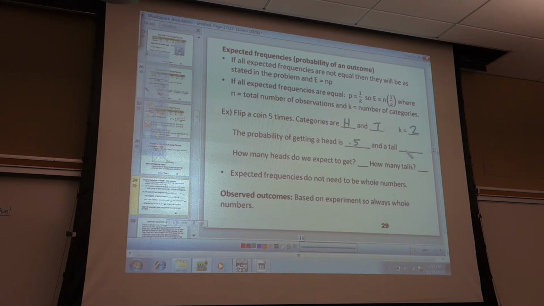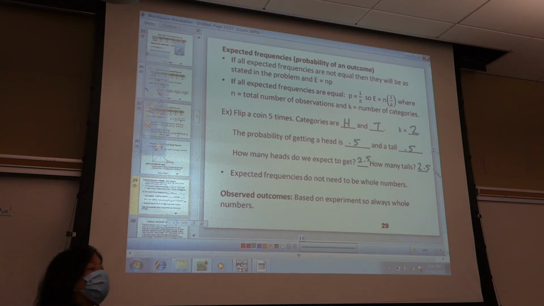Tails? Great. If I flip a coin 5 times, how many heads do I expect to get? 2.5. I expect to get 2.5 heads. How many tails do I expect to get? 2.5. Expected frequencies do not need to be whole numbers.